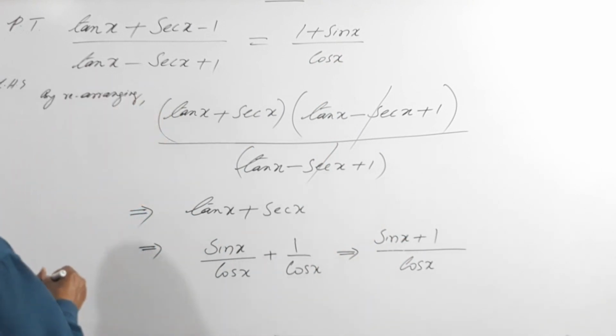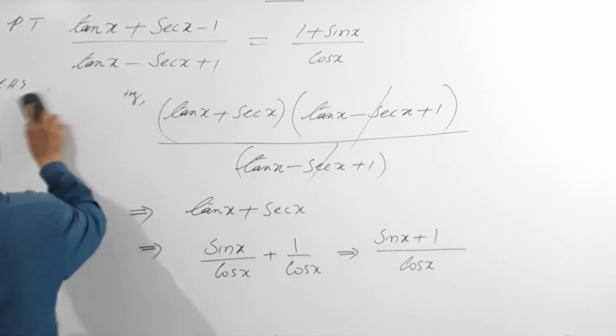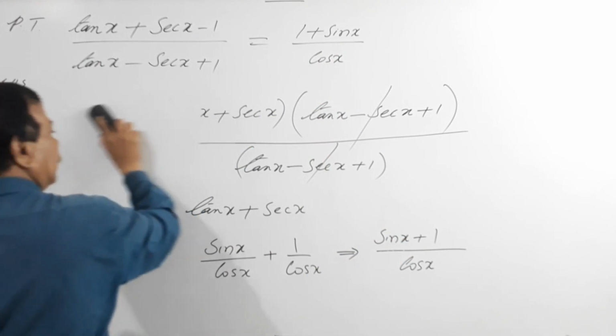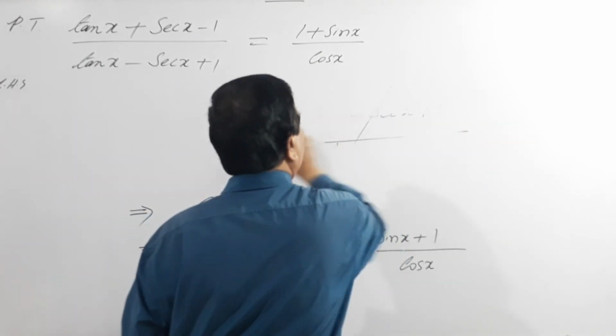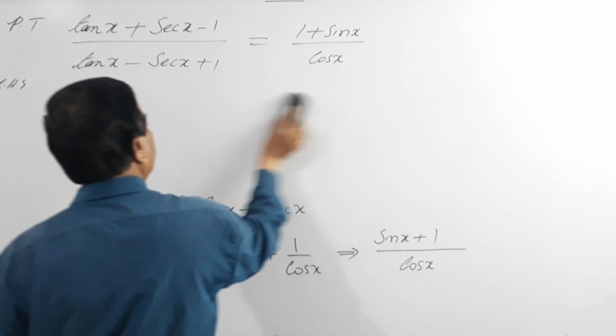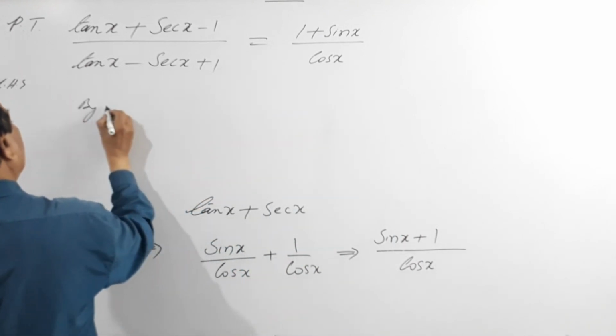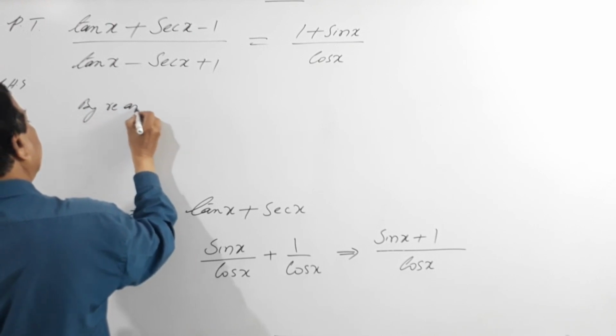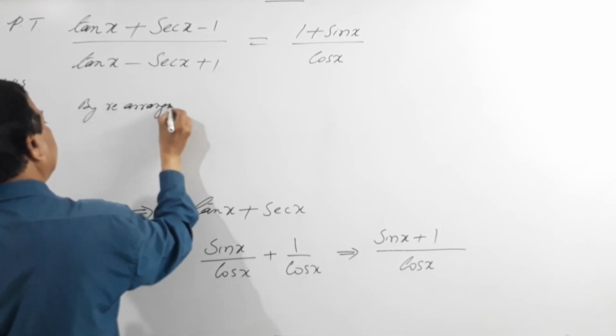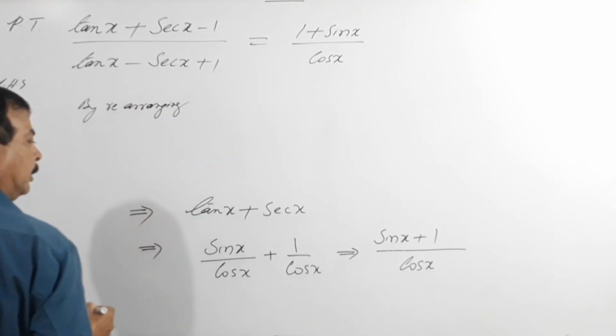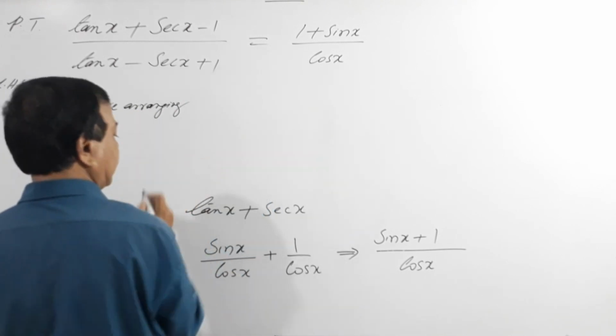So therefore, by rearranging, he wants 1 plus sin x.